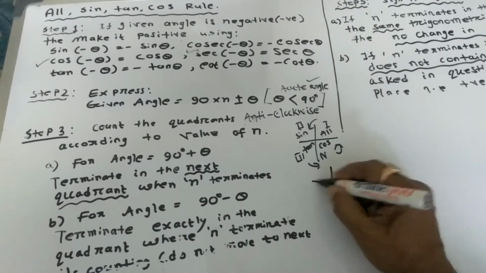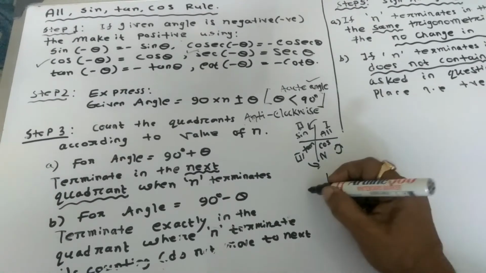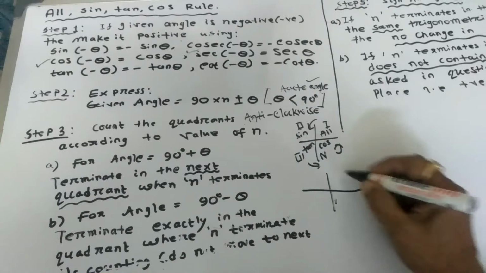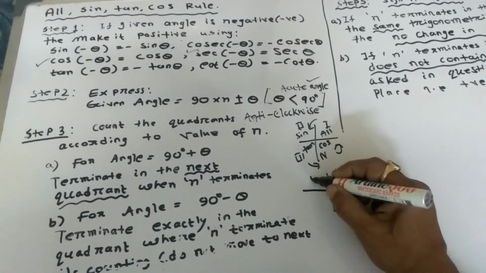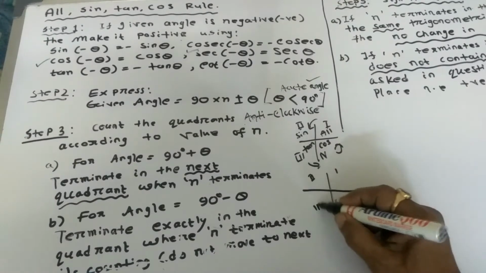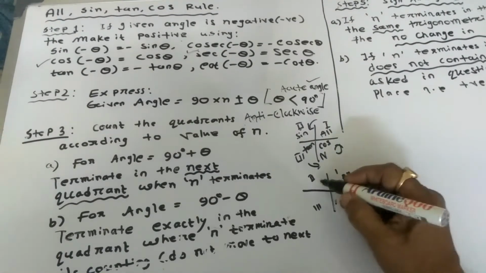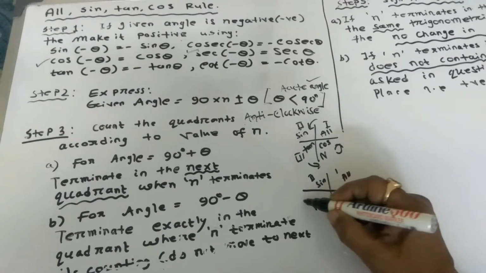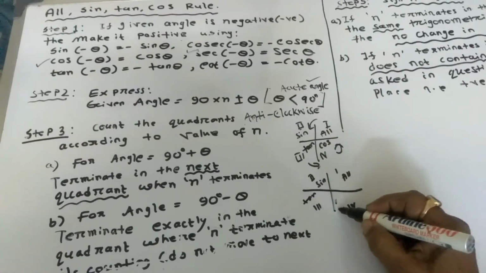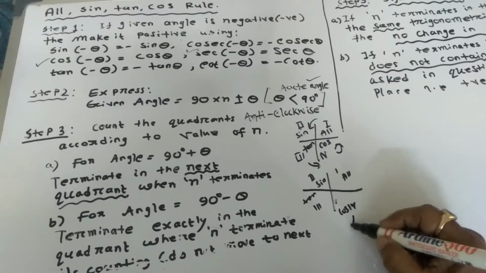Try to understand what I am telling. So this is the box: first quadrant, second quadrant, third quadrant, fourth quadrant. All, sin, tan, cos.